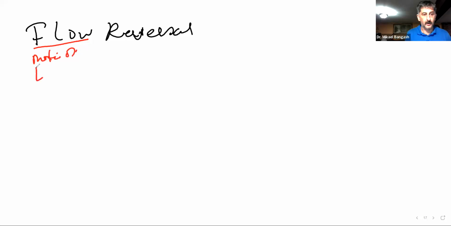It's the motion, in this case, of a liquid. And we may say reversal. Mainly it's just like when you put your car in reverse. What are you doing? You're driving in the opposite direction.